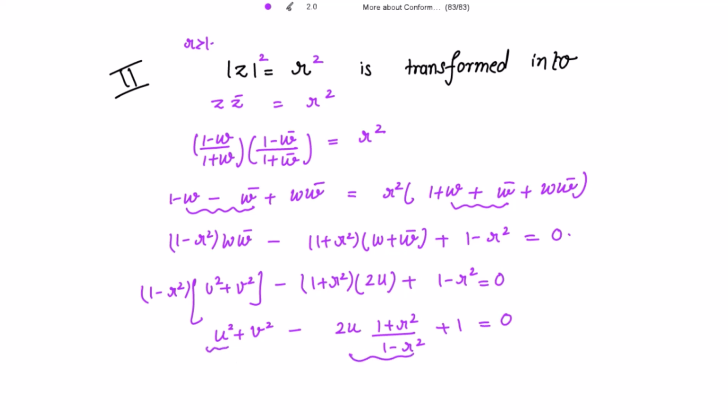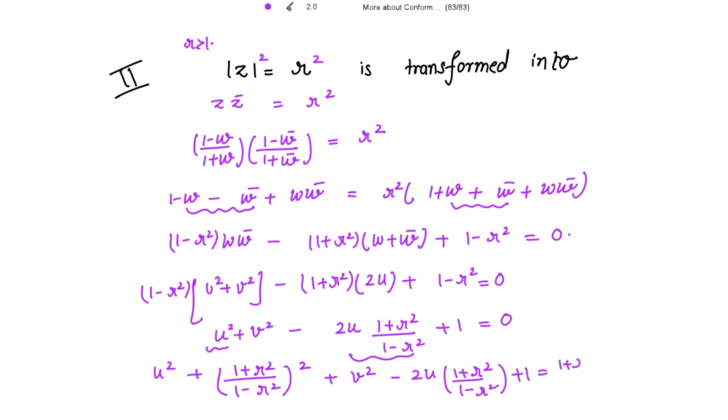So for that I require (1 plus r square over 1 minus r square) the whole square extra. So let's add and subtract (1 plus r square over 1 minus r square) whole square, because I need to subtract this term also. So let me write this term to the other side.